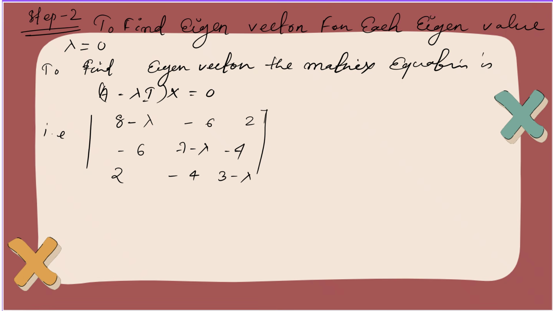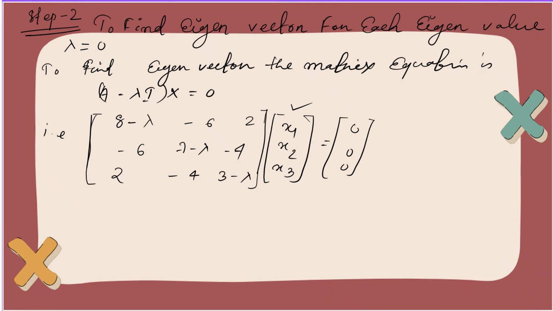Multiply this matrix into x, where x is nothing but x1, x2, x3, is equal to 0, 0, 0. Now you have to find the values of x1, x2, x3. This is your eigenvector, and this one is the eigenvalue. For each eigenvalue, you have to find this type of eigenvector.